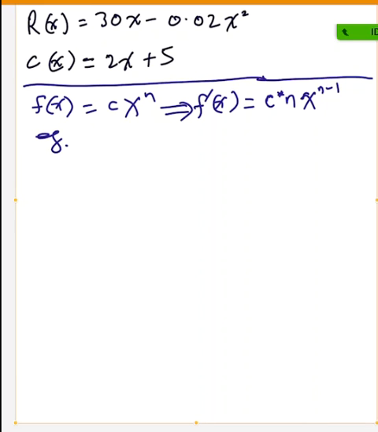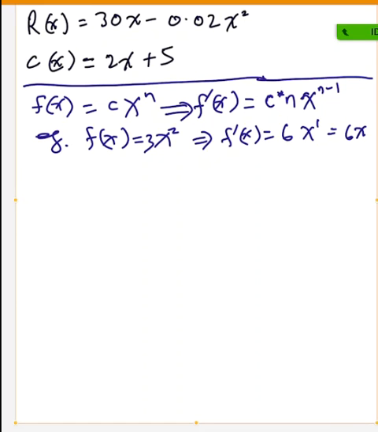So, for example, if I have some function f of x equal to, say, 3x to the power 2, then the derivative of this is going to be equal to 6x to the power 1, or simply 6x.